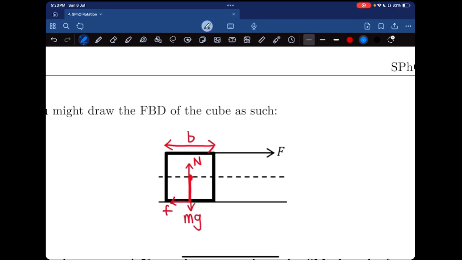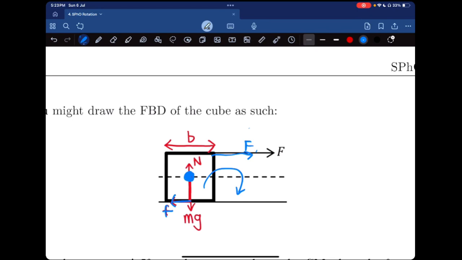But you might see that there's alarm bells ringing here, because if you just consider torques about the center of the cube, then okay, you have a force big F here, and you have a friction here. Your N and mg contribute no torque, but these two forces do. And these two forces contribute torque in the same direction. They cause your cube to rotate this way.